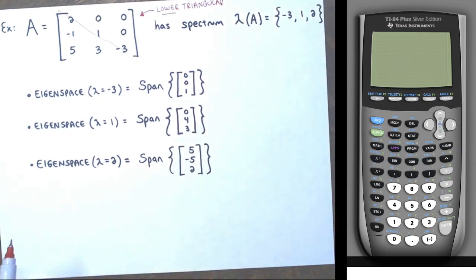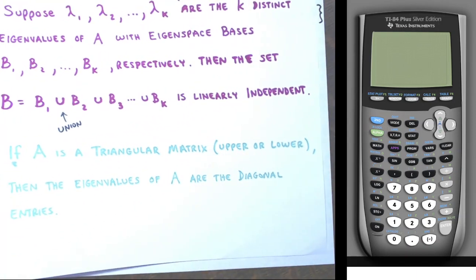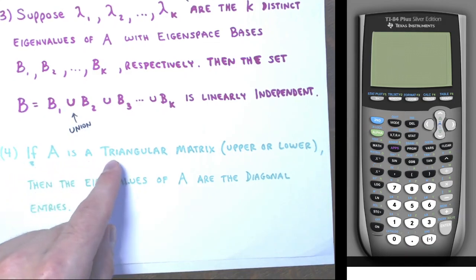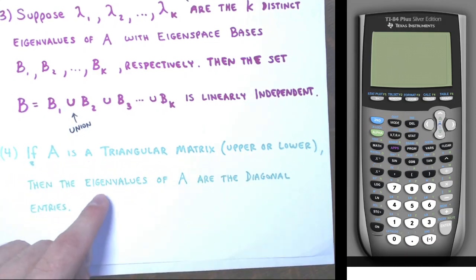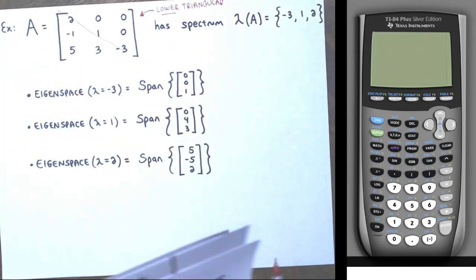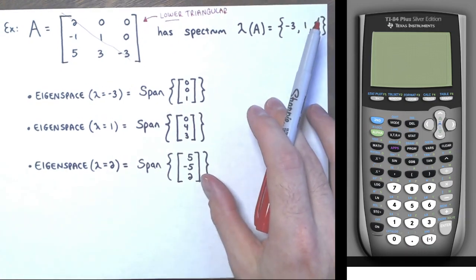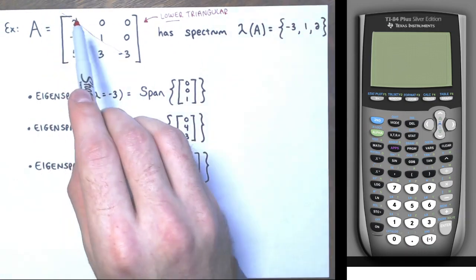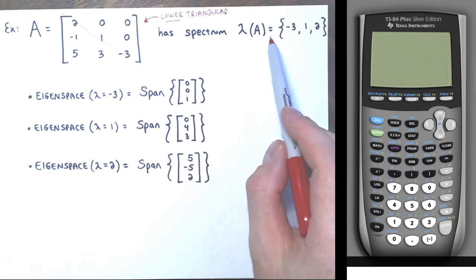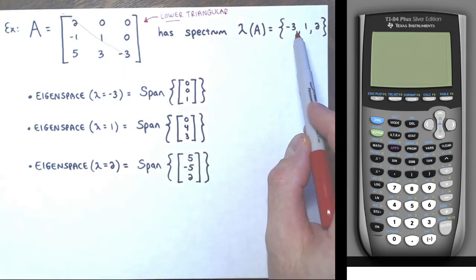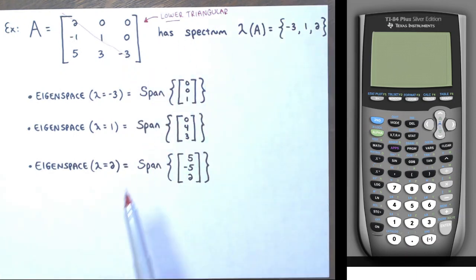Statement 4, let me just jump to it now since I pointed it out: if A is a triangular matrix, then the eigenvalues of A are simply the diagonal entries, those entries down the main diagonal, and I've written that over here. The diagonal entries are 2, 1, -3. Those are the values in the spectrum: 2, 1, -3. You can verify this the other way if you want. Set up the characteristic equation.